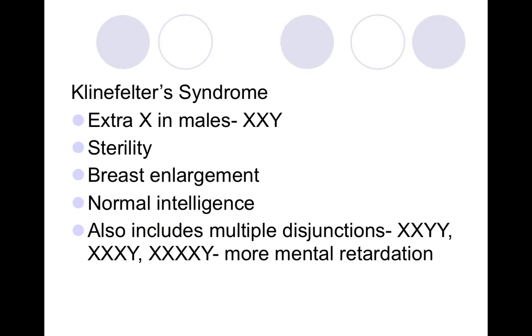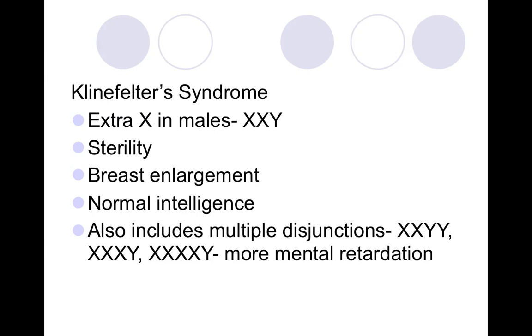Another disorder is called Klinefelter syndrome. This is when males have an extra X, so it's XXY. And what happens here is they have sterility, which means that they cannot reproduce. You have breast enlargement, because the more X's you have, the more estrogen you have, though you have normal intelligence.